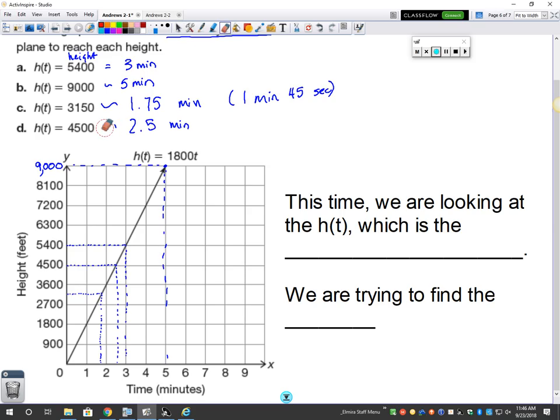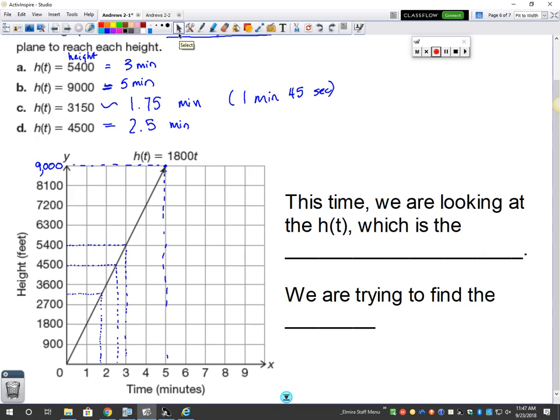I'll take the tilde away. I'll make that an equal sign. We have the data in the chart to know that 3, 5, and 2.5 are accurate. But that 1.75 was my estimate from the chart, and I would have to solve algebraically if I wanted to know if it was exactly 1.75 or not.